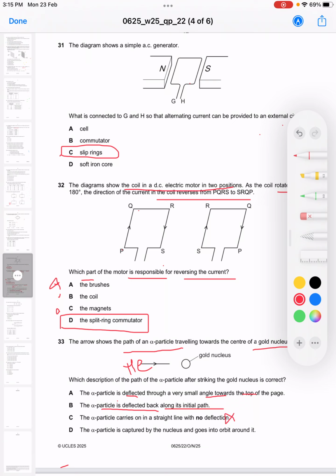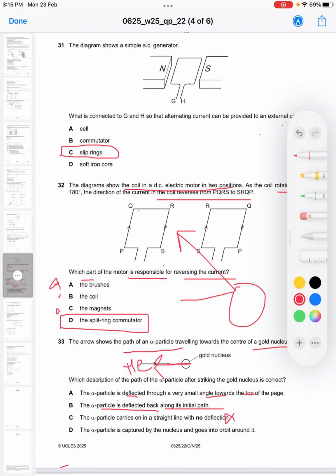No, there is a deflection because they are striking the center of the nucleus. When they strike the center, they will move back along the same path. If they strike above the center or somewhere else, they deflect at a greater angle, at high angles.